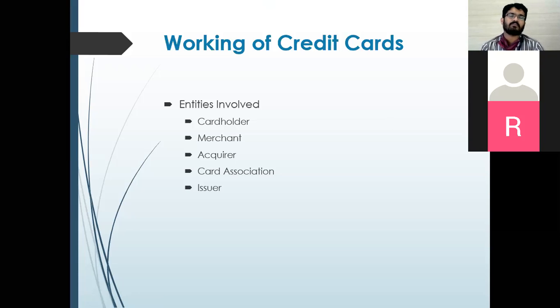But if your account has only 5,000 rupees and the limit is 25,000, can you withdraw 25,000? No. Only if there is a balance you can withdraw. Whereas in a credit card, there is no balance.